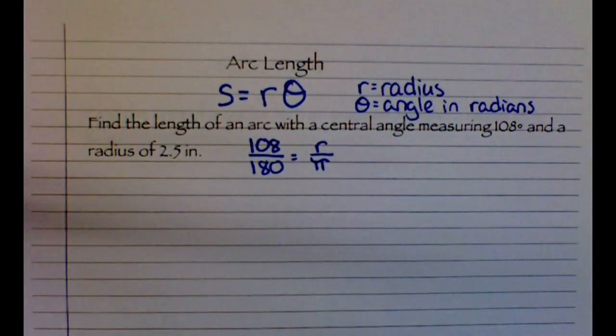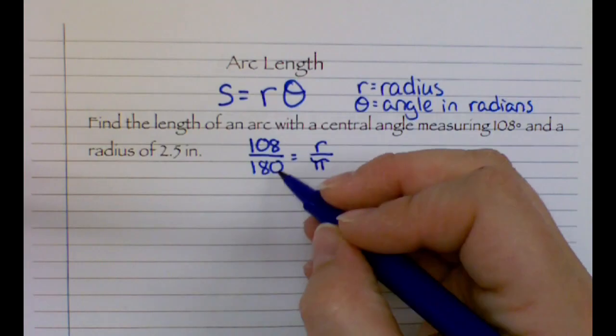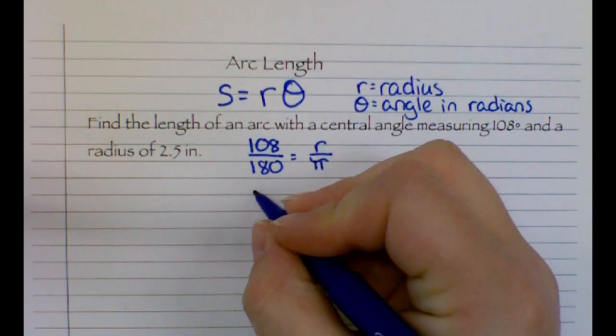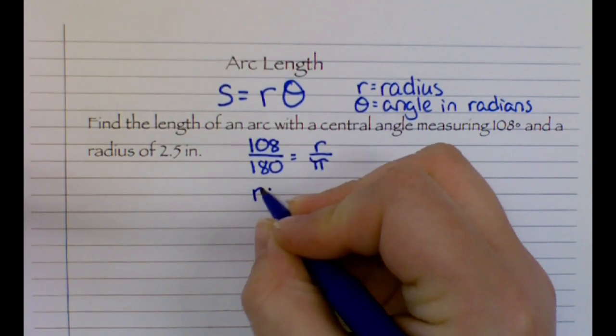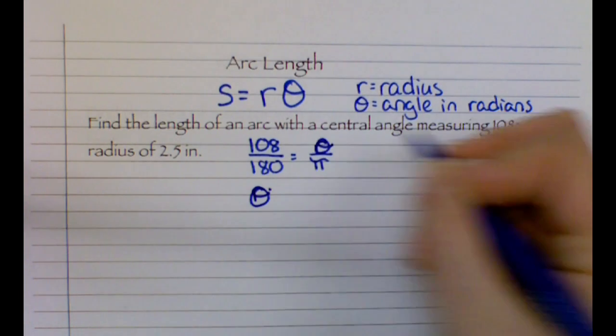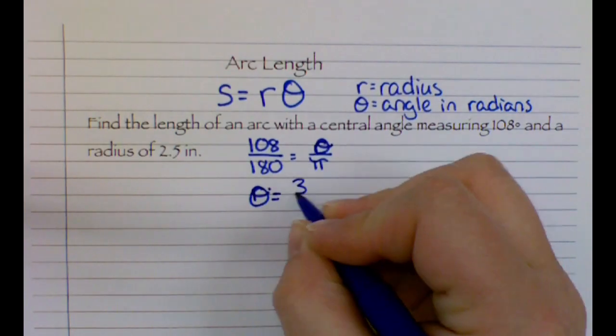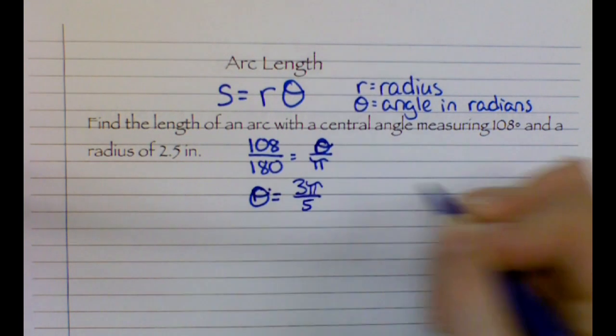For our purposes here, we don't need to simplify the 108 over 180, but I will. 108 divided by 180, math, frac, it is 3/5. So my angle, actually I shouldn't call that r, I should call it theta because r is for radius. My angle is 3 pi over 5.